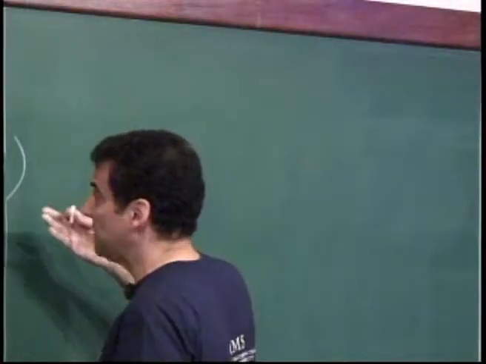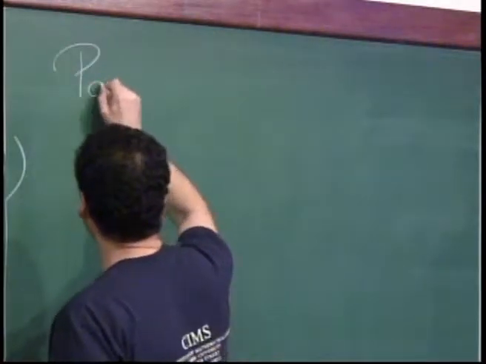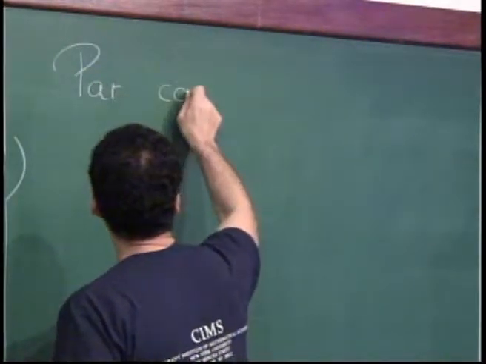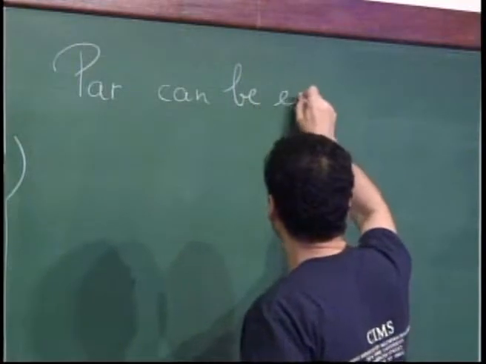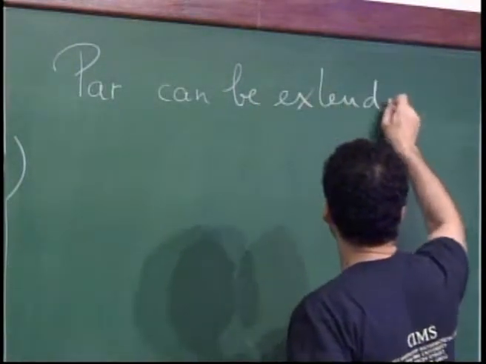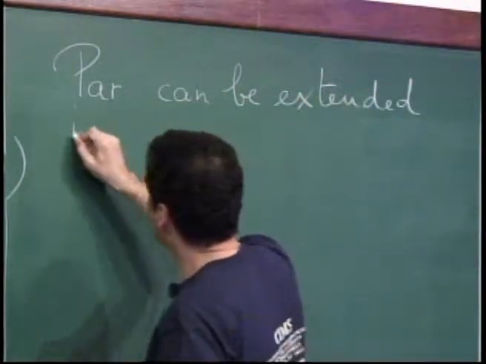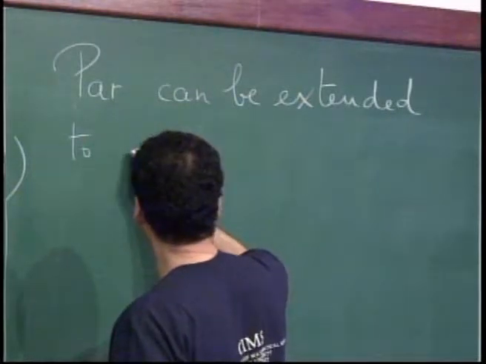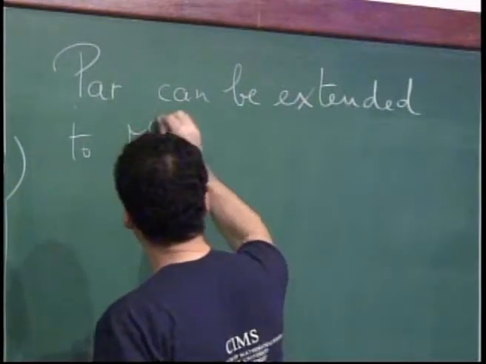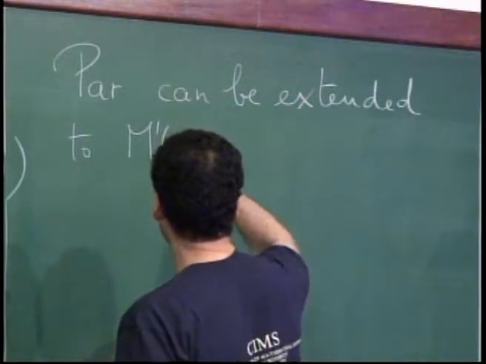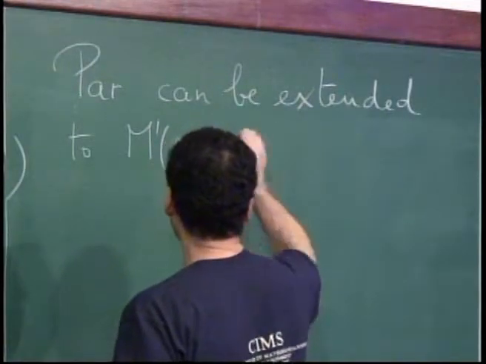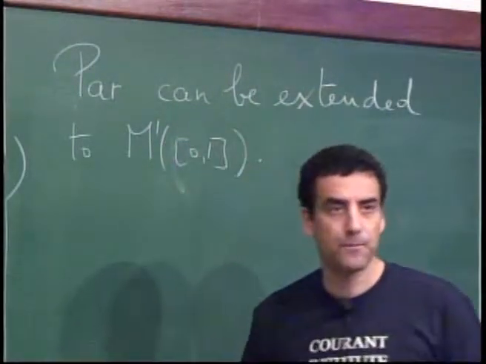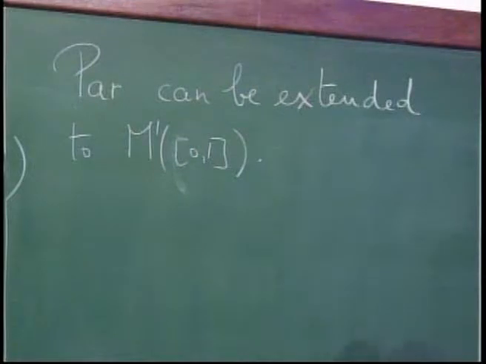It has been proven that this Parisi function can be extended to the set of probability measures on [0,1], and not only to atomic measures. Or if you want, it can be extended from the set of step functions to all non-decreasing distribution functions.